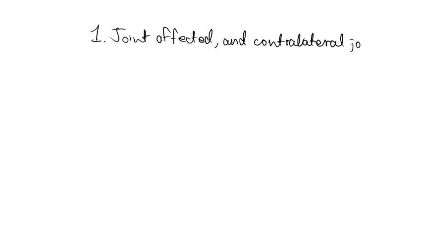So this is more so for a comparison, but say for example, if a patient presents with osteoarthritic-like pain in their left knee, then it is always important that we look at their right knee as well. And that's not just for comparison, but we get a gauge on, say for example, the cause of the patient's pain.